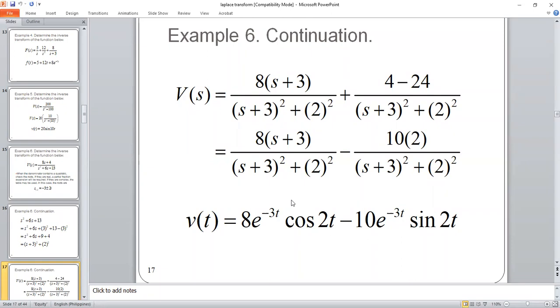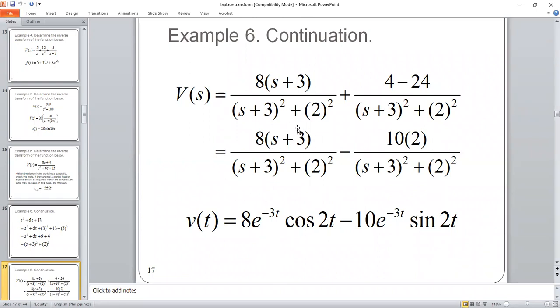The function of s that you will invert is already standard based on what you could see in the table if you're going to apply the formulas. So in this case, you could see here that you have an 8. So you just place the 8 before the inverse Laplace of this expression.